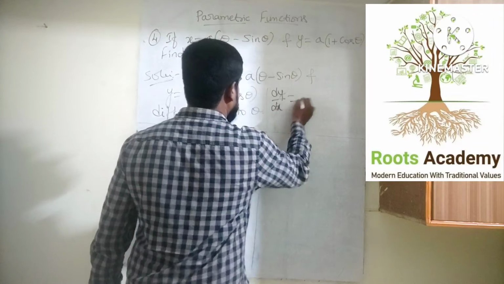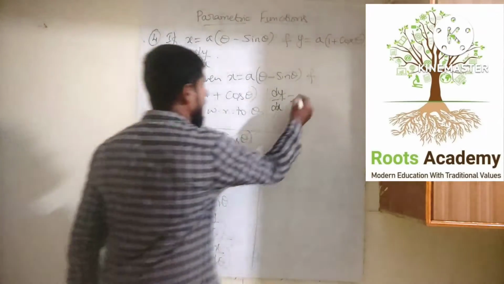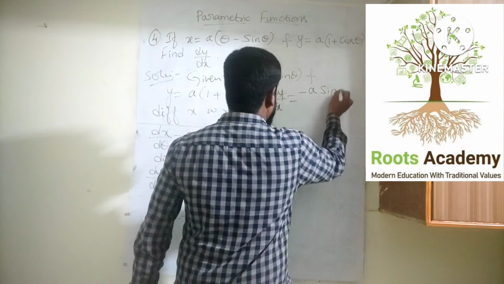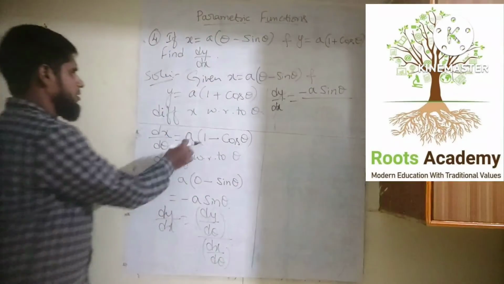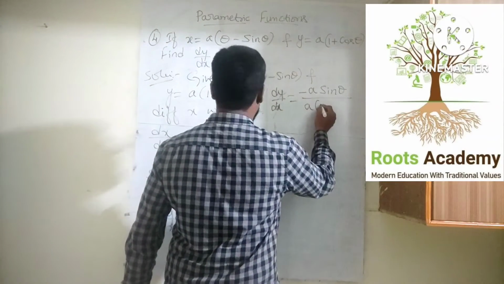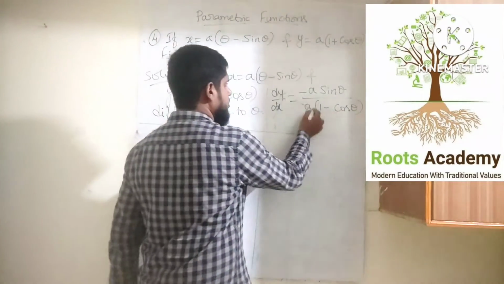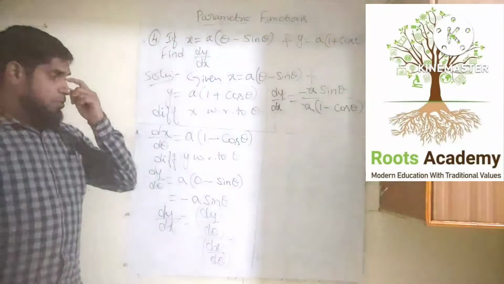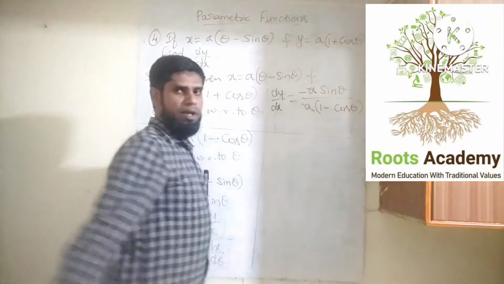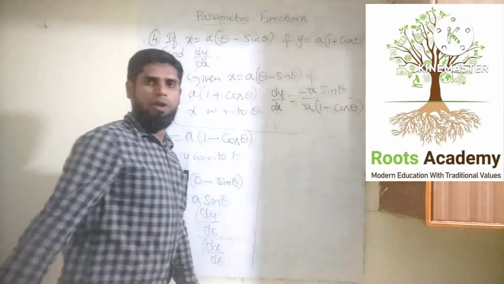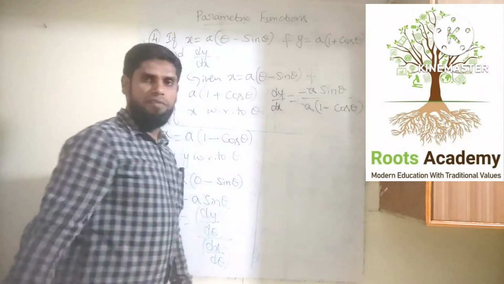So dy by dx is equals to, what is my dy by d theta? It is minus a sin theta, all divided by dx by d theta, which is a bracket 1 minus cos theta. Now a and a get cancelled here. For 1 minus cos theta we have a formula, not direct but indirect. And sin theta also has a formula in terms of half angles. So both formulas are in terms of half angles.